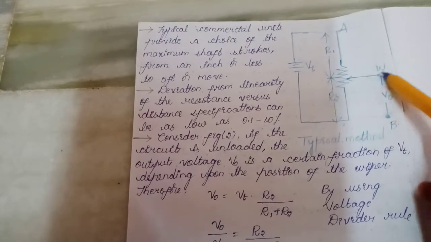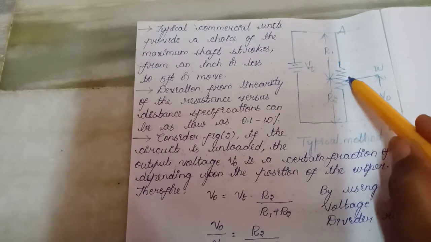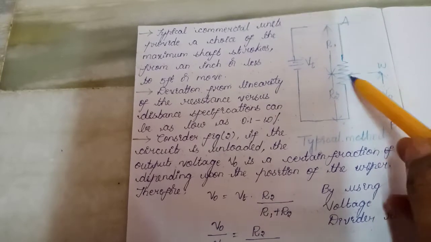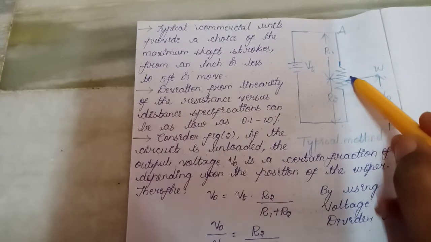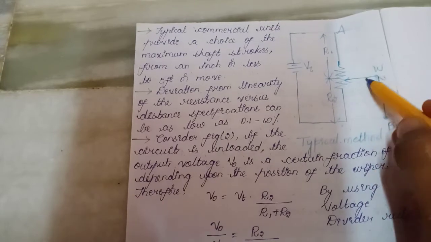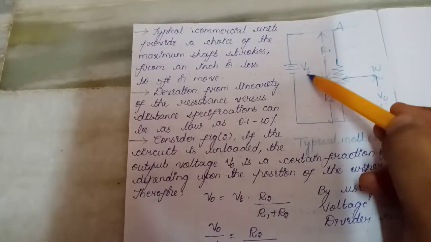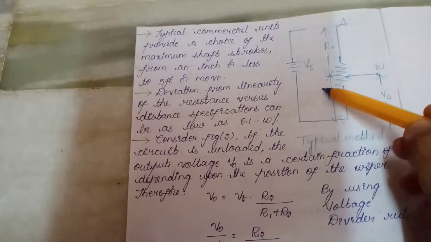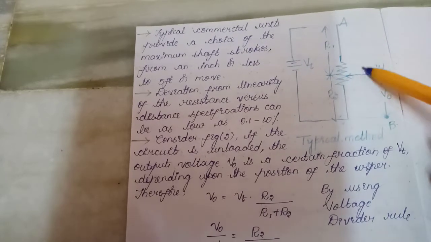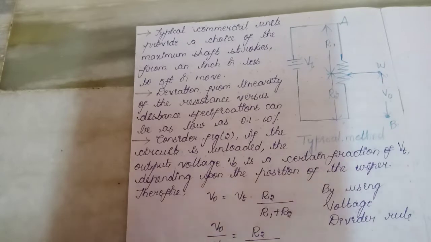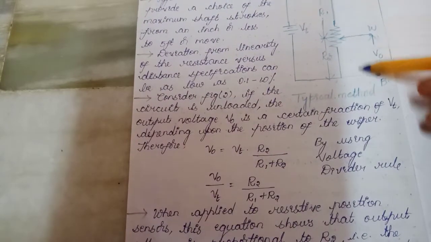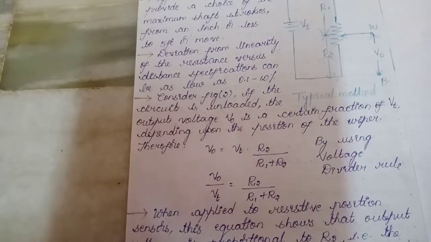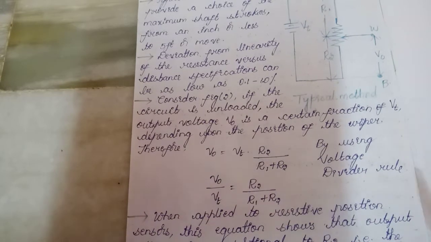This arrow is the wiper, indicating a variable resistor, and this is the input voltage VT. As it is a passive transducer, we need to connect an external power source to make it operate, and here we are going to calculate the output voltage. That is the typical method.